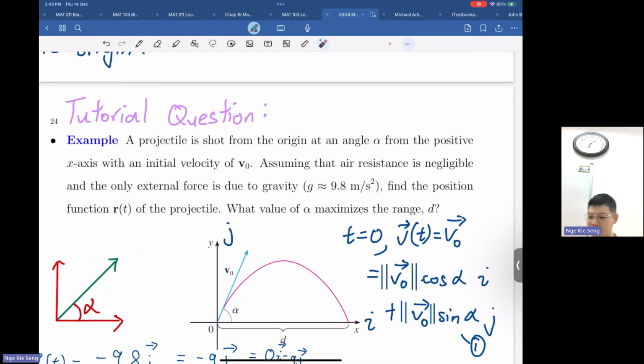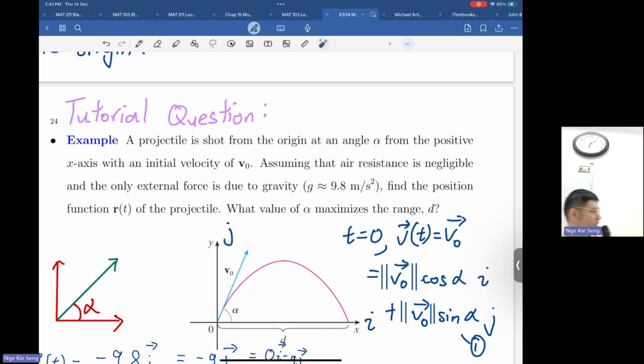A projectile is shot from the origin at an angle alpha from the positive x-axis with an initial velocity v0, assuming that air resistance is negligible and the only external force is due to gravity. If you throw something up, it will fall down. But how does it fall? You need to find the position function r(t) of the projectile.